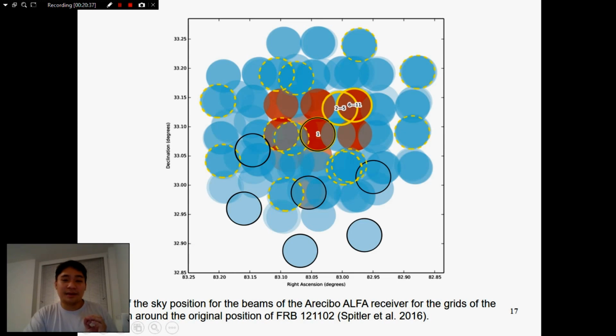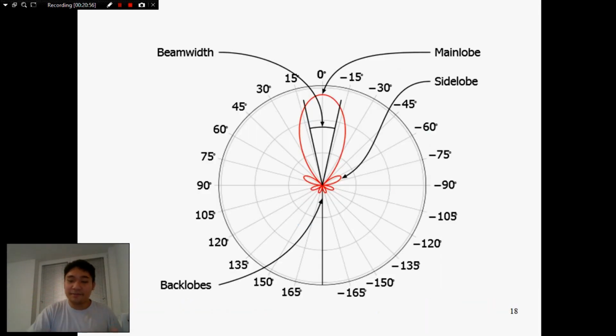And then they tried to calculate, because we already know how to calculate how far the side lobe is from the main lobe. We calculate, and we see that the distance between this one and this one is around the distance between the main lobe and the side lobe of the FRBs. Fine.